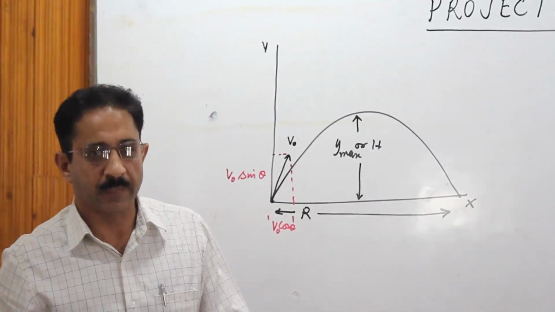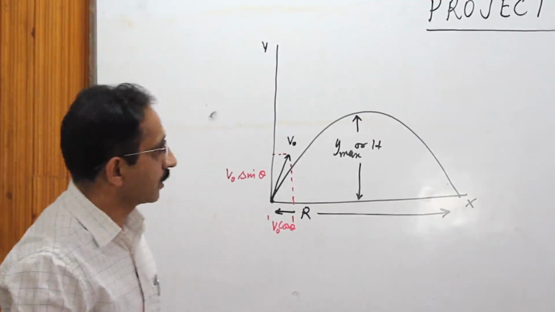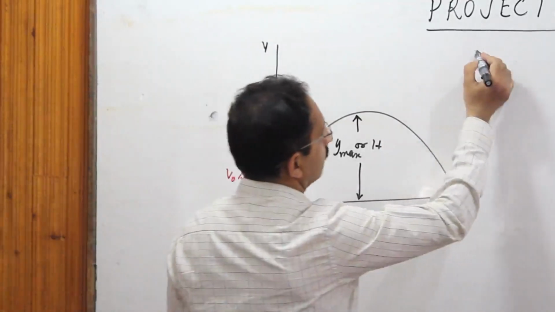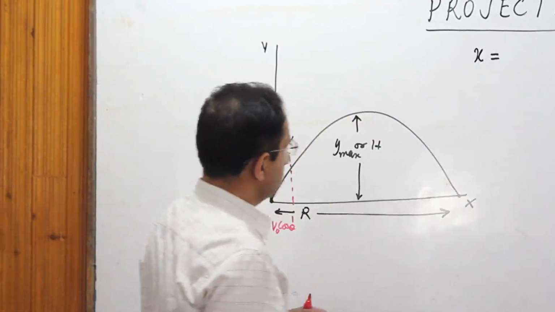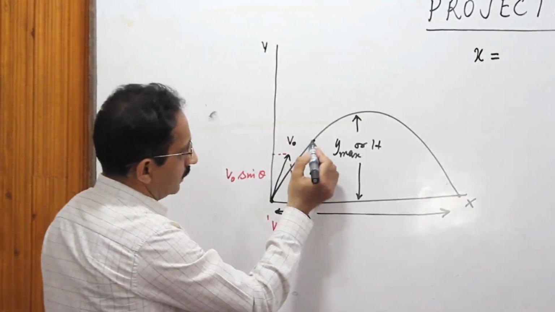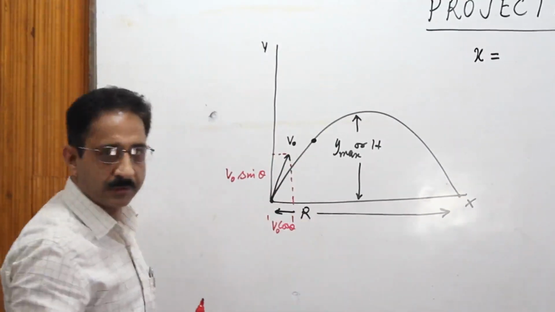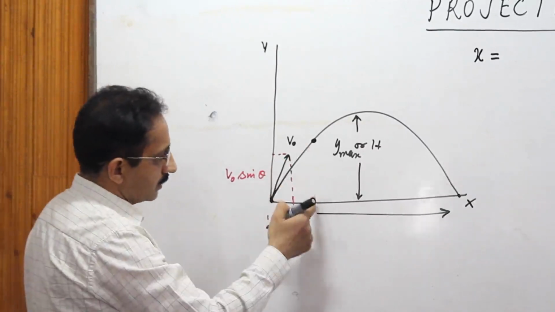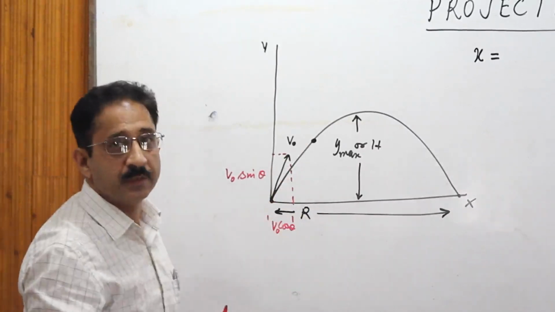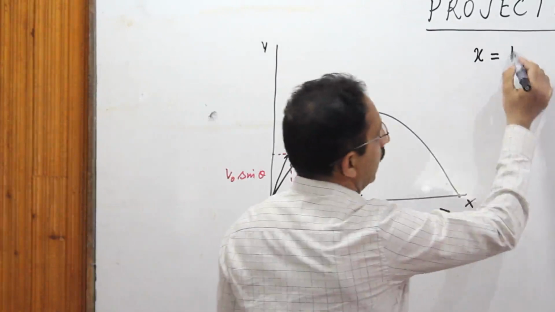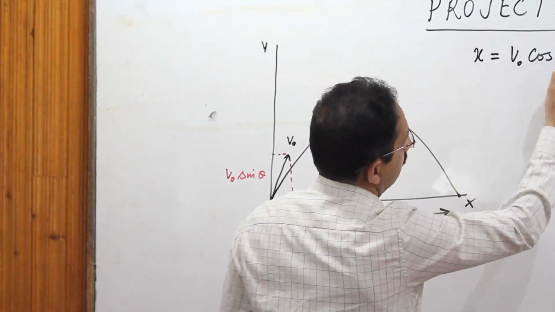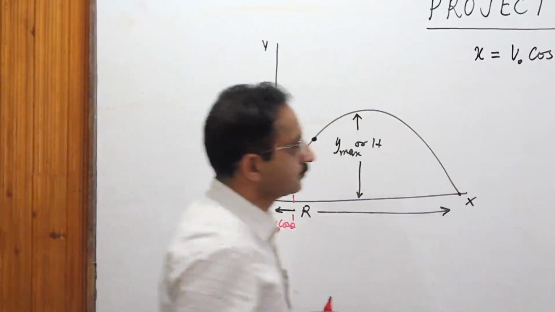in a plane. We also came across relations like the value of x: if this is the position of the projectile, then the horizontal distance it covers in time t is x, given by v0 cos theta multiplied by t.